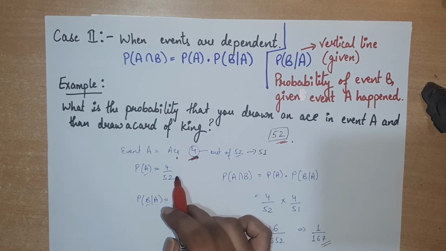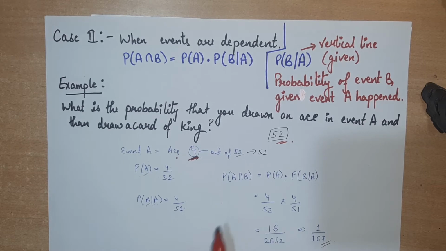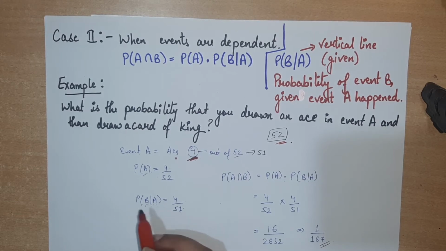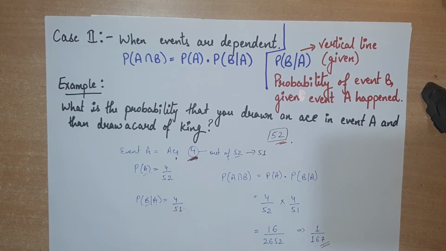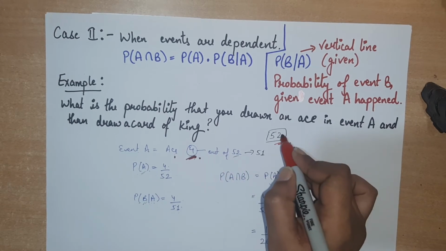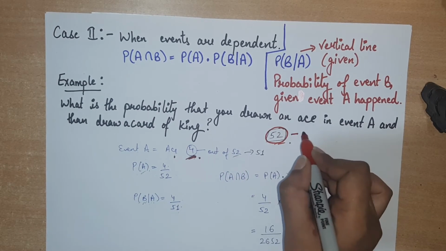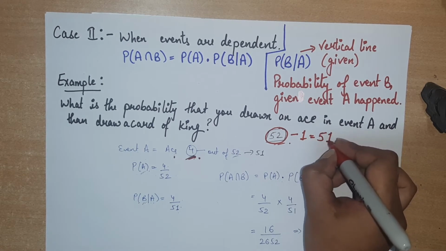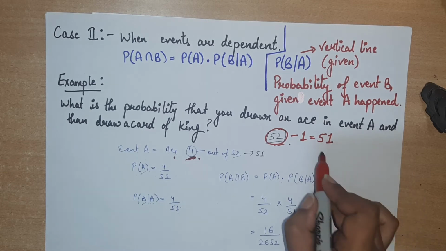After drawing the first card, we draw the second card. Here it is given that the probability of B given A means that event A has happened. So what will be the probability of B? As event A has happened and one card is already removed from the deck, out of 52 cards, one card has already been removed in event A. So now we have a total number of cards of 51.